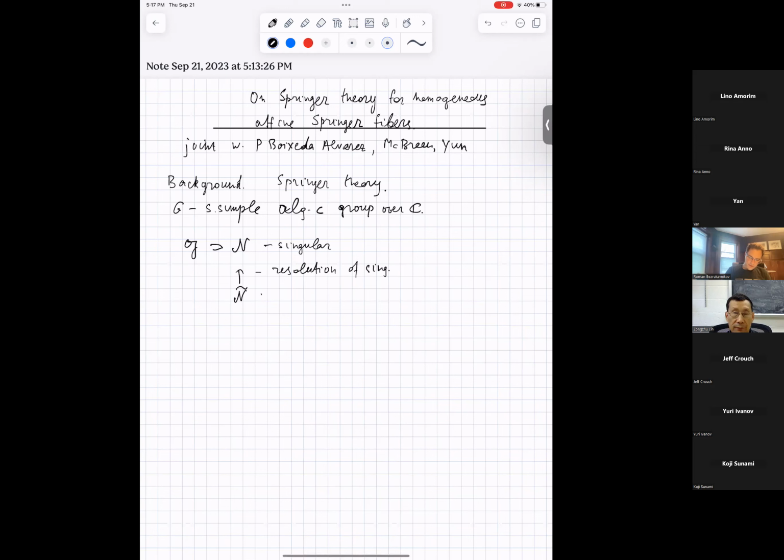And this can be described as the cotangent bundle to the flag variety of the algebraic group, G mod B. And it can also be described as a set of pairs. So I think of G mod B as a space of Borels, and X will be in the radical of the Borel.